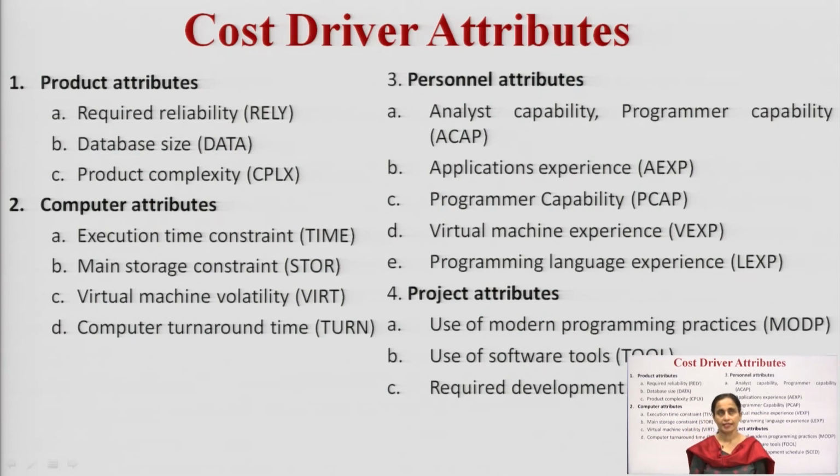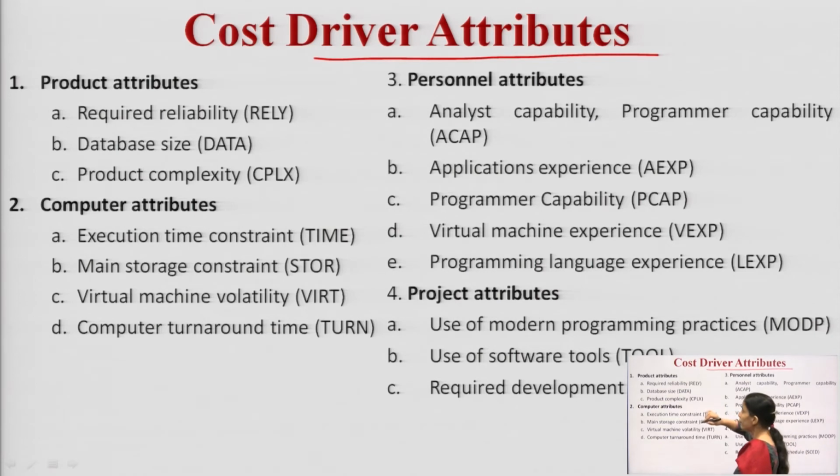Next are the cost driver attributes. I am now involving other parameters in my project. These parameters are the product attributes, such as required reliability, database size and product complexity.